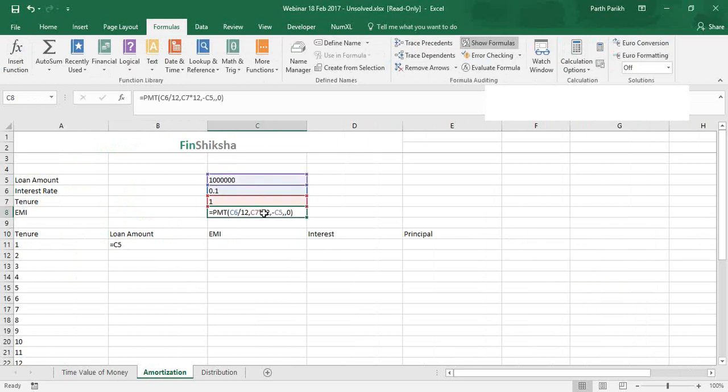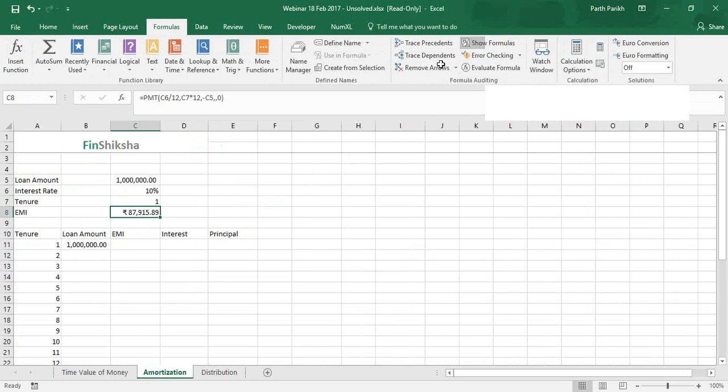Years I have also converted to months. My loan amount, since it's a liability, I have converted into negative, and I will pay at the end of the month, so I have mentioned 0 over here. So I will get 87,915.89 as my EMI.